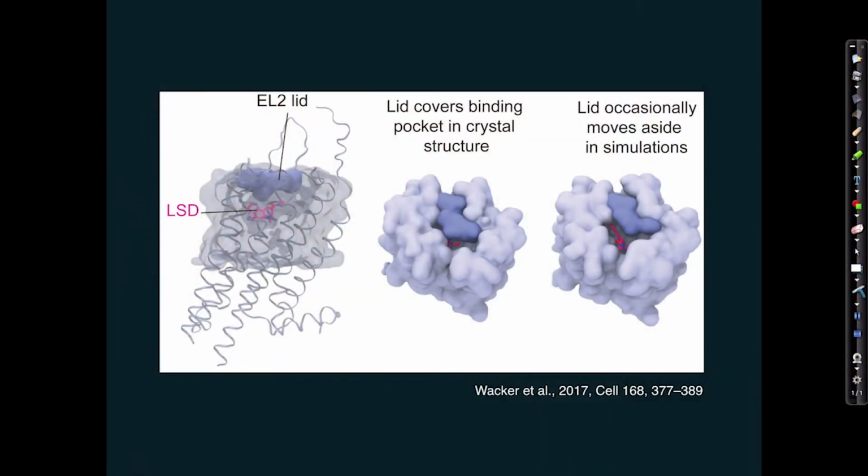And this study actually, which I'll show you now, which you can find here by Daniel Wacker et al., published in Cell, no less, actually used X-ray crystallography as well as some modeling work to visualize the actual position of LSD within the ligand binding site.